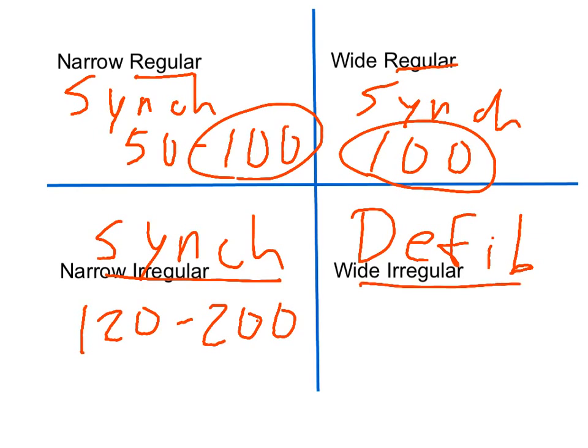We're going to use unsynchronized cardioversion. We're actually going to defibrillate a patient with a pulse. And again, the energy level is 120 to 200. So as long as it is regular, 100 is a legitimate number. Once it becomes irregular, then 120 to 200 is the appropriate energy setting, and it's unsynchronized if it is wide and irregular.